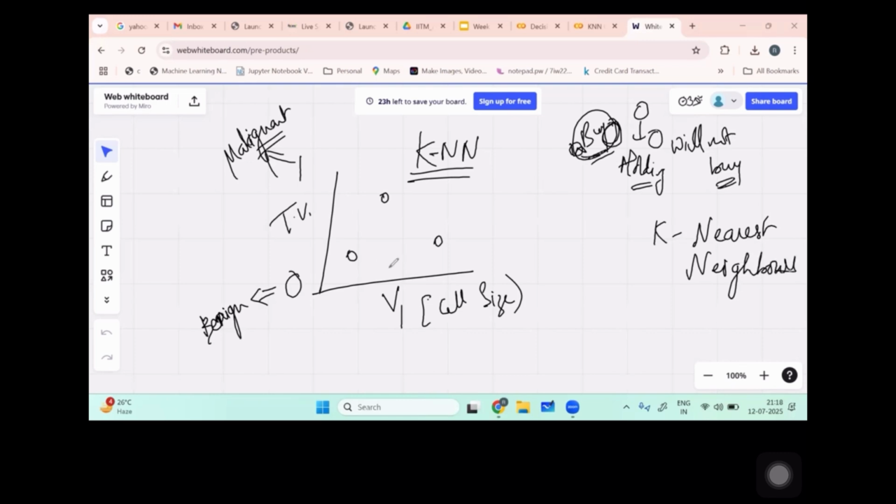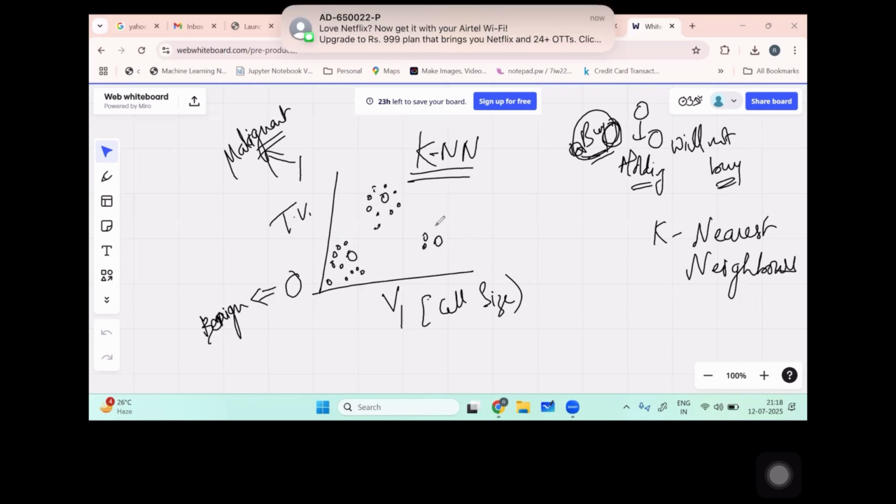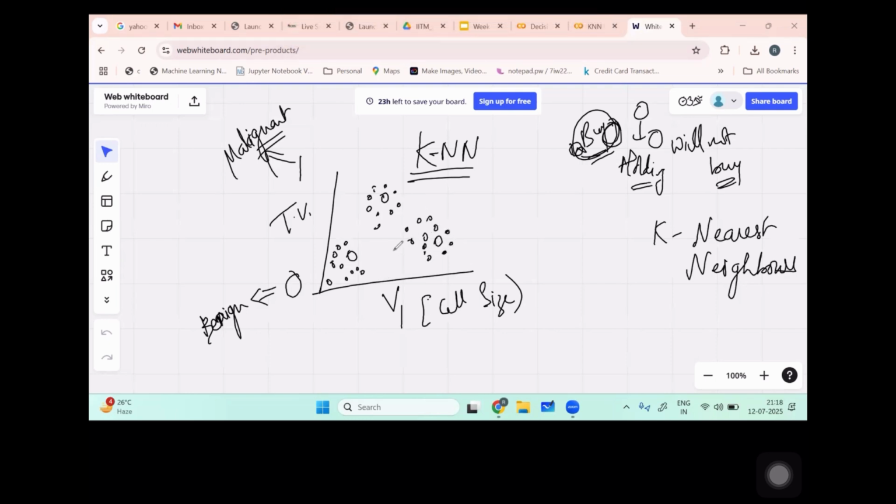That's the division boundary here. So like that, you will see some of the observations are lying here for multiple patients. For some patients, observations are lying here. For some patients, observations are lying there. Okay, some would be in between.